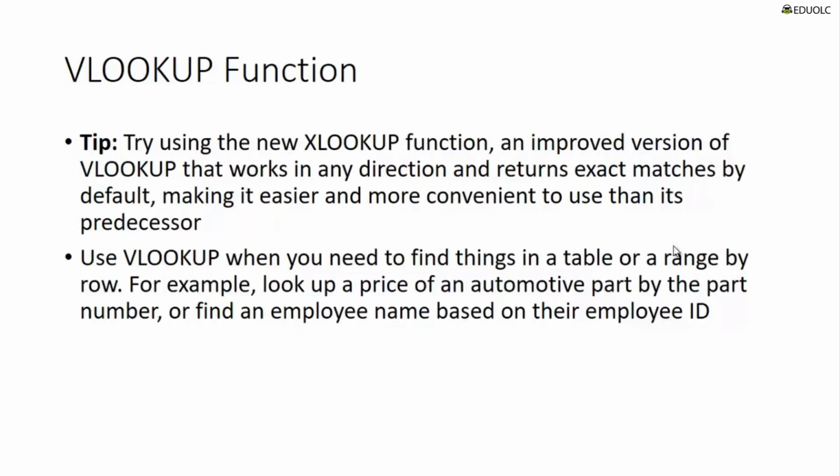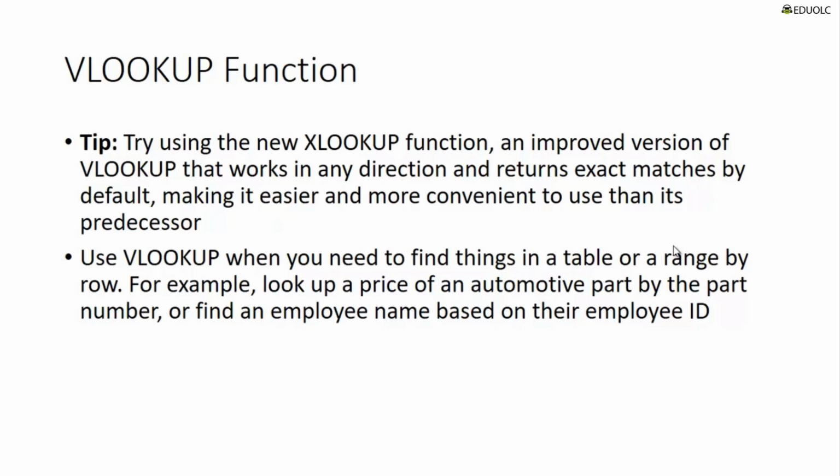Proceeding, I'll start with a few explanations for what is VLOOKUP function, and what are the other similar lookup functions. Alright. So one tip is try using the new XLOOKUP function, an improved version of VLOOKUP that works in any direction and returns exact matches by default, making it easier and more convenient to use than its predecessor.